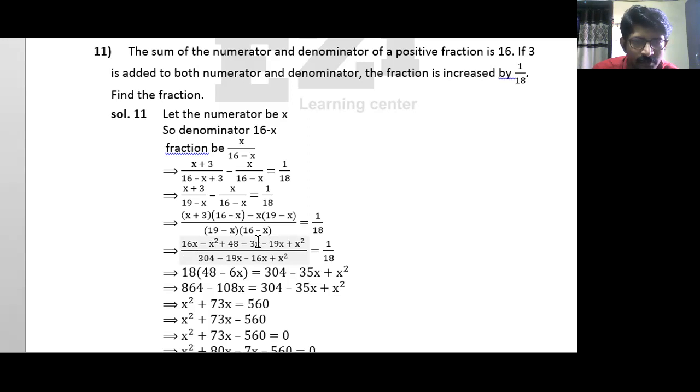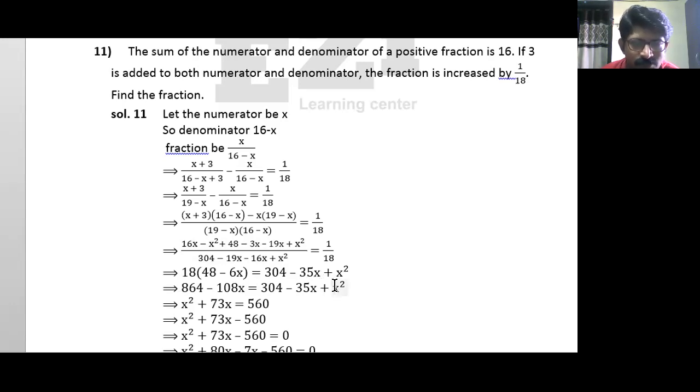So this will become 13x minus 19x, so minus 6x, which equals, this denominator part has come to the right hand side, so 304 minus 35x plus x square. Now if we multiply this 18 with this whole bracket, it will become 864 minus 108x, which equals 304 minus 35x plus x square. I hope you are following. This is my cursor. Please follow this cursor very carefully.